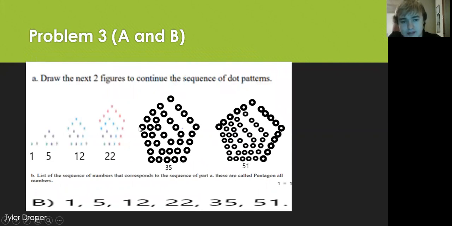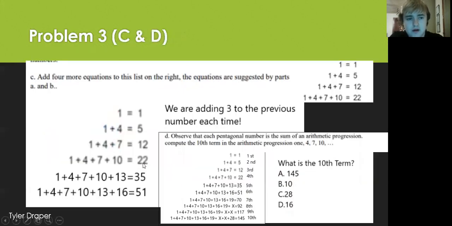You see, we add this extra layer where my mouse is tracing. And then we add more and go to 51. It says list the sequence of numbers that corresponds to the sequence of part A. These are called pentagon numbers, so we can tell we go from 1, 5, 12, 22, 35, 51.